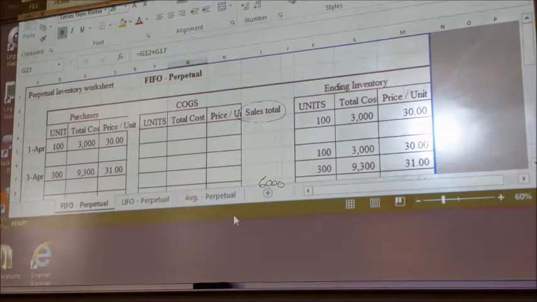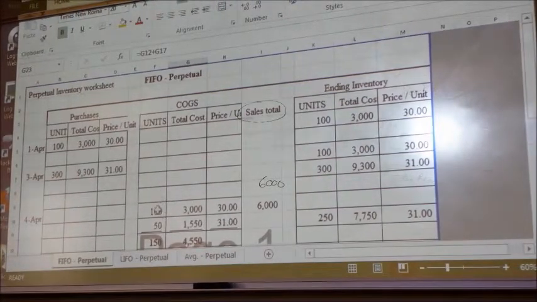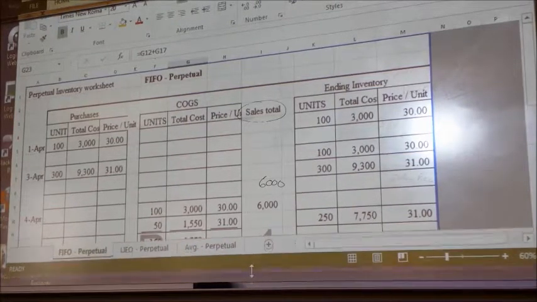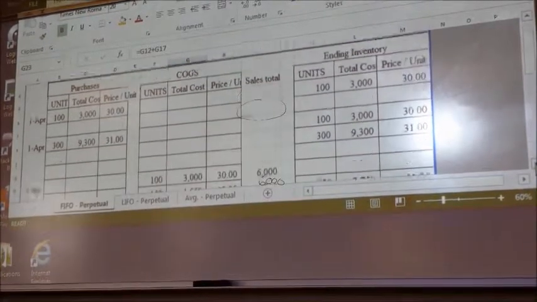What do you think? How am I going to do this? The first 100 are the April 1st price, yeah? Keep going. And then the last 50 would be the April 3rd price. Right. Very good. I'm going to move it up a little bit so you can see it better.